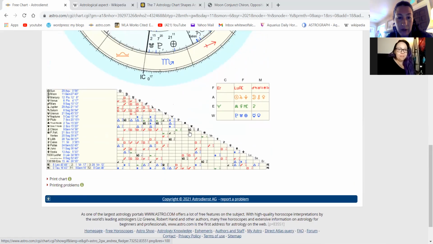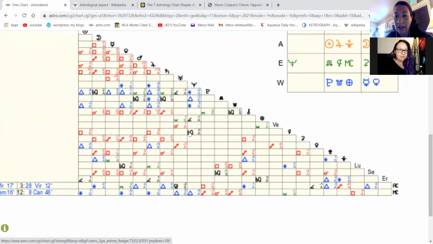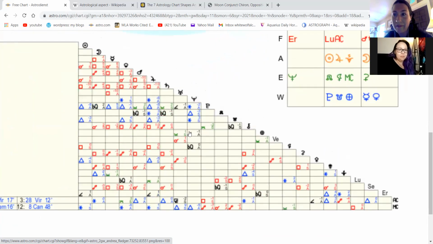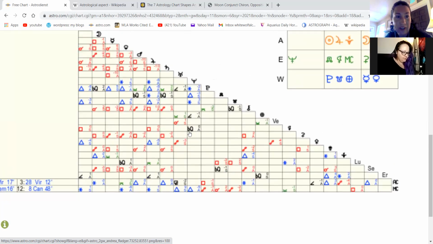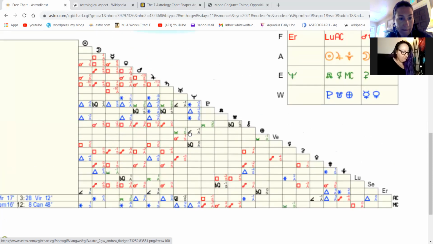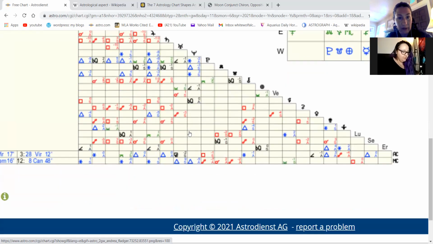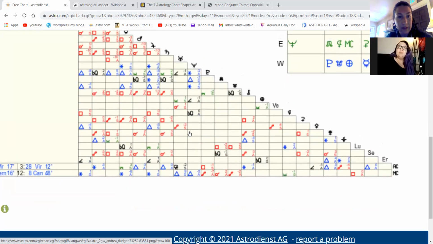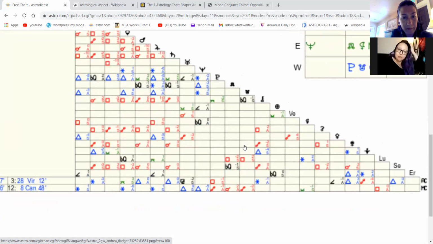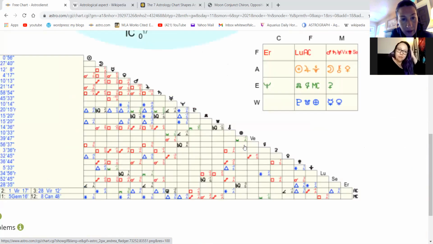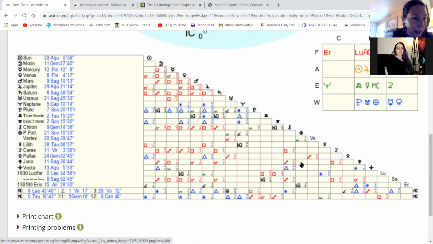All right, so let me see if there are any other major aspects that are really sticking out related to conjunctions. Right, all right, you got Mars conjunct, who's that, Pallas Athena?